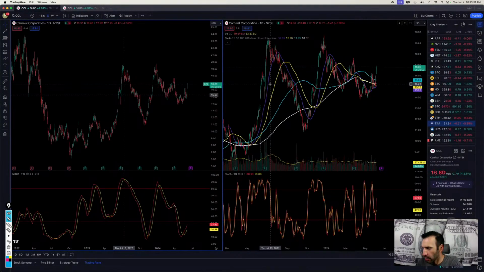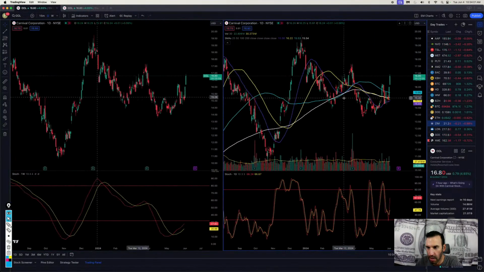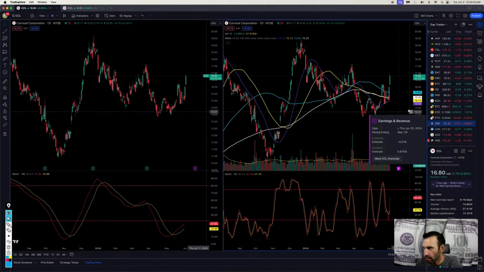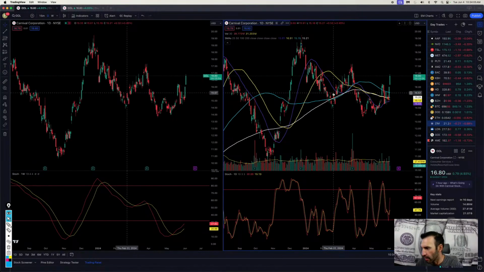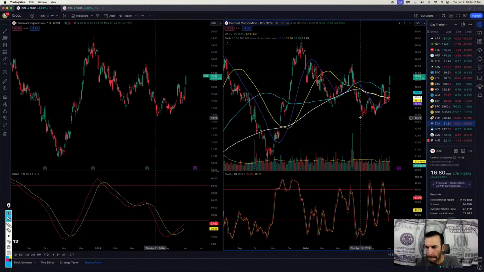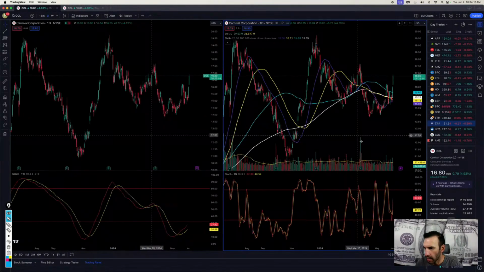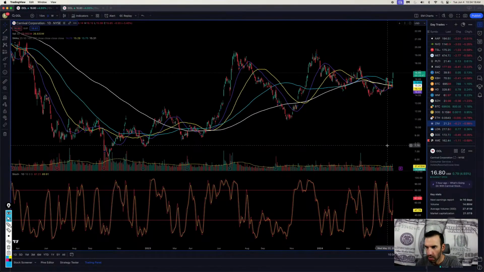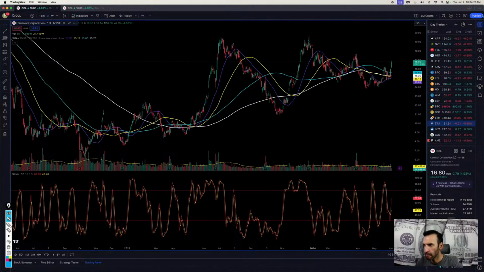The question was, look, is it worth looking at CCL for a swing long? So be aware that earnings are not anytime soon. So still no sound, or no sound previously? Because I see sound coming out right now.